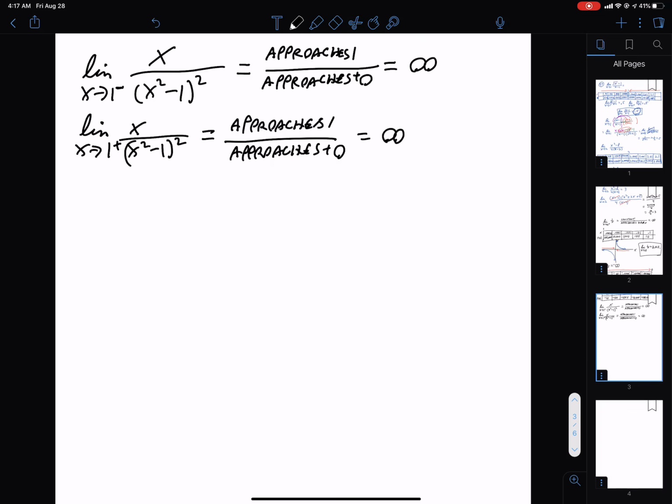So the graph of this, let's not graph it yet. We'll do something else. You need to make the connection between what the limit says and what the graph looks like. So let's do this. The limit as x approaches negative 1 from the left of x over (x squared minus 1) squared.